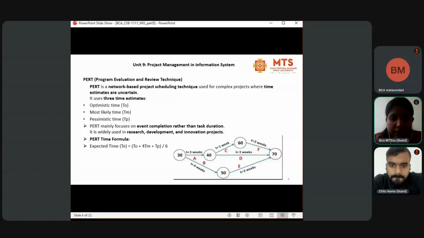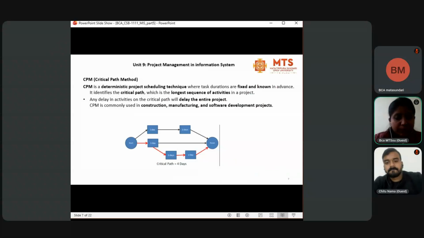Go to the next slide, that is the Critical Path Method. This Critical Path Method is a deterministic project scheduling technique where task durations are fixed and known in advance. It identifies the critical path, which is the longest sequence of activities in a project, and any delay in activities on the critical path will delay the entire project.